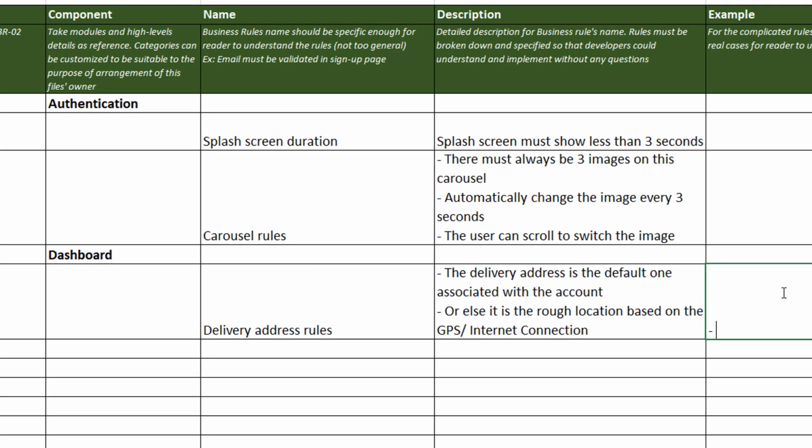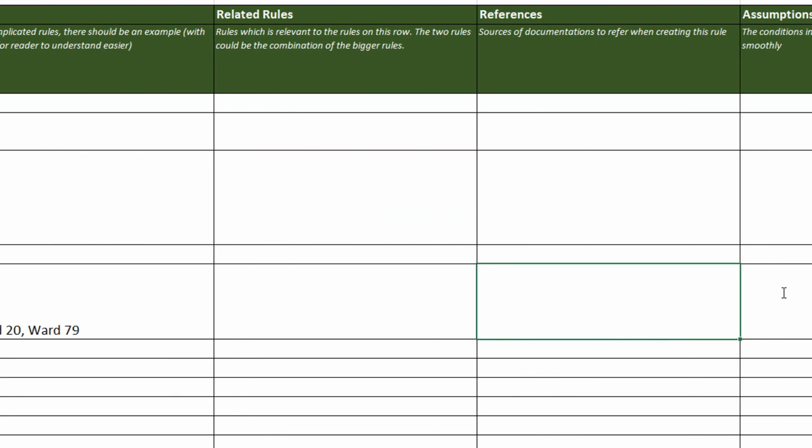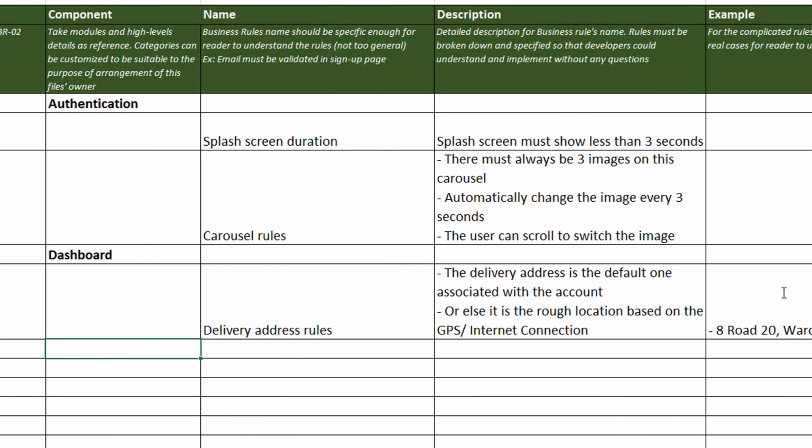For the example, you can say an example of an address like 8 row, okay, something like this. So this is how we show the address.